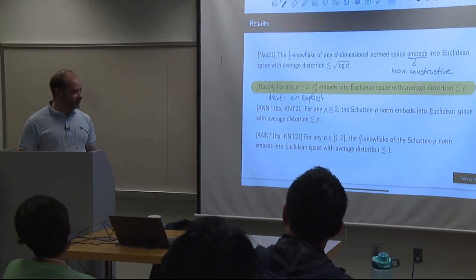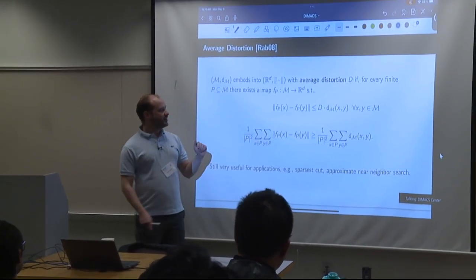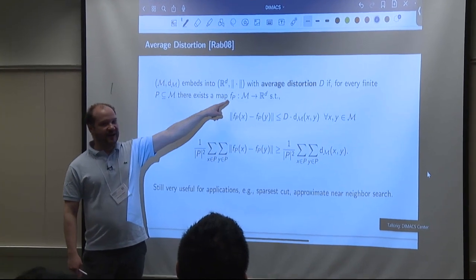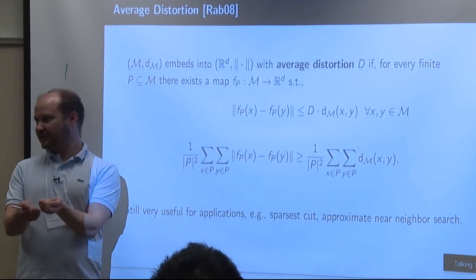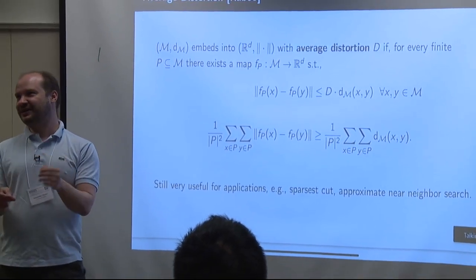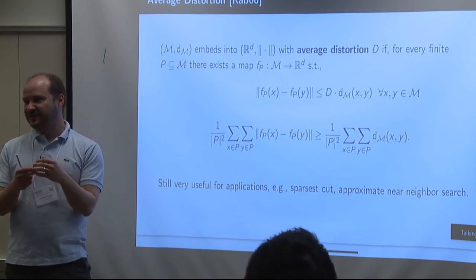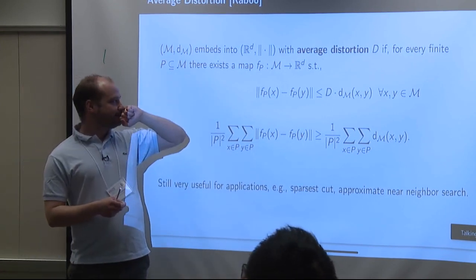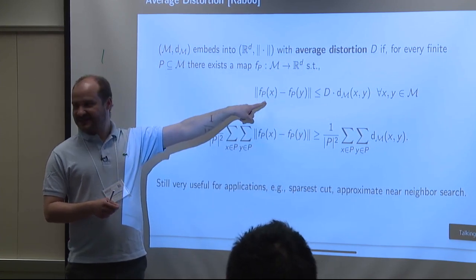So when we talk about explicit, let me go back to the definition. There's a couple of things I can ask. One is that if I have this f, and I give you a point x, I can actually compute what it embeds into quickly. One level of explicit is I can write it down somewhat explicitly. That's a bit vague. But in terms of complexity, one thing I can ask is that once I have f, I can compute f of x.